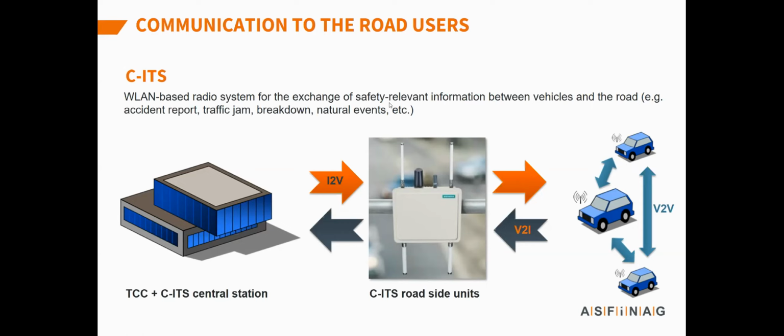VW is the first vehicle manufacturer that has it in some of their vehicle models, and we are rolling out this communication technology on our network starting from next year. Actually, our warning trailers are already operational. You'll see that shortly.